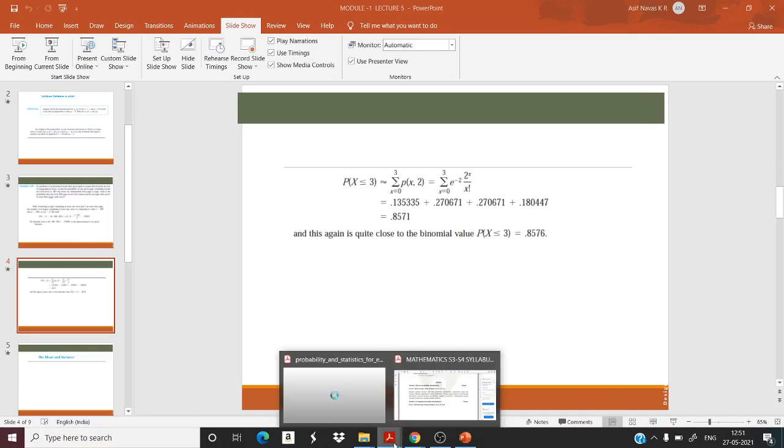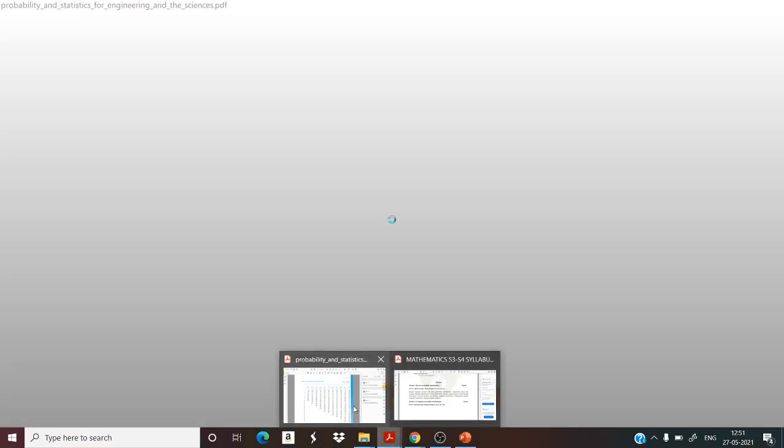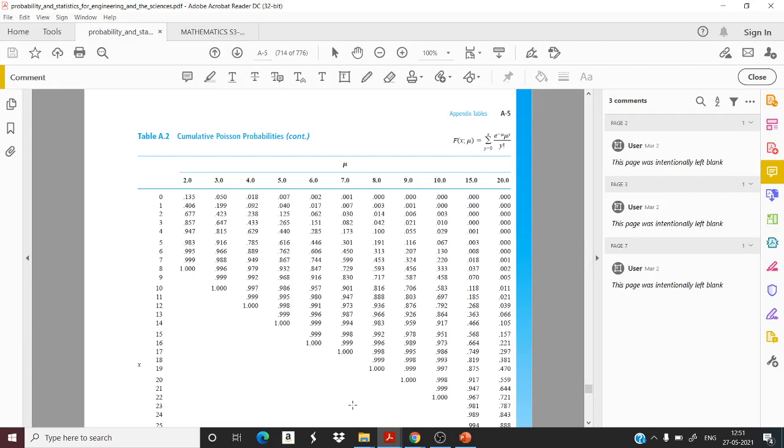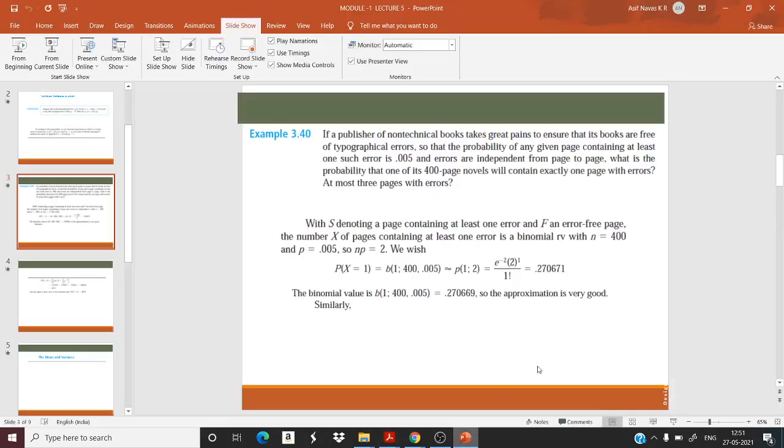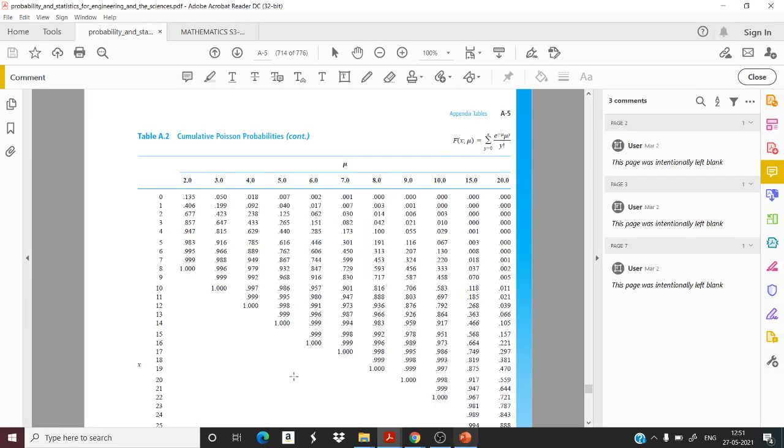I will show you that. This is the Poisson table. Here np, that is mu, is 2, and x is 1. So we will check.